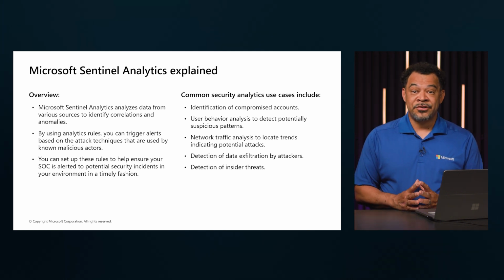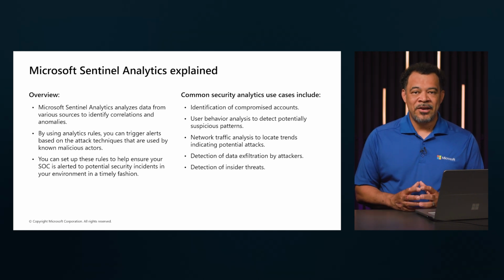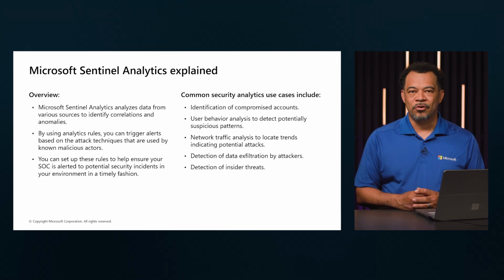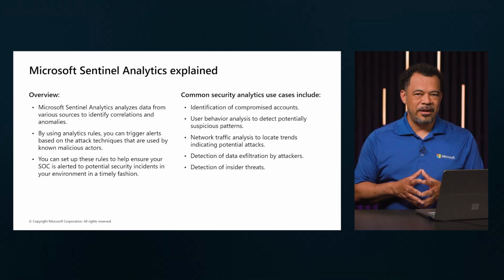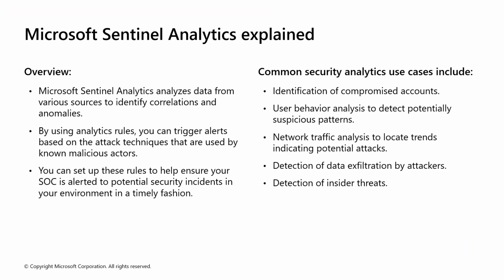We have threat intelligence and anomaly rules that help surface emerging threats and deviations from baselines, while schedule and near real-time rules provide flexibility in how and when detections are triggered. This layered approach ensures comprehensive coverage across both known and unknown threat vectors.